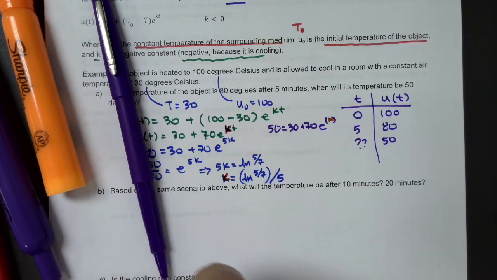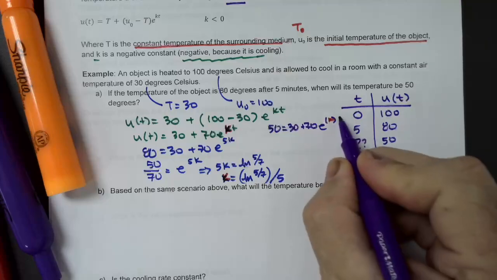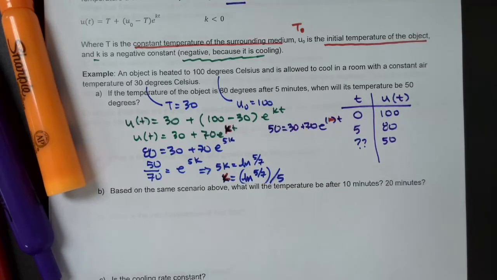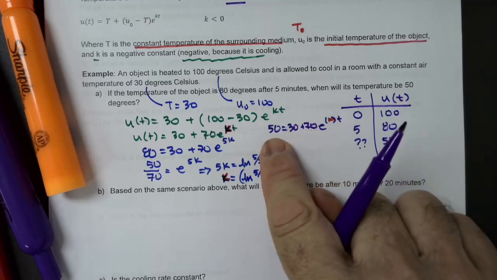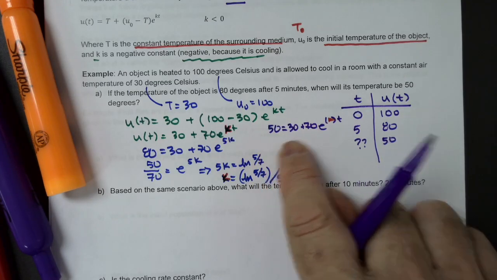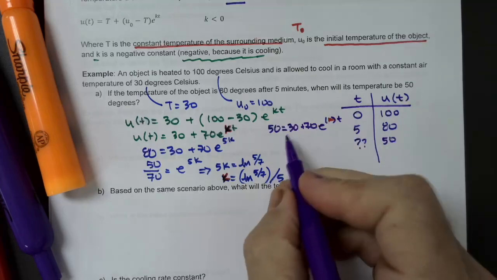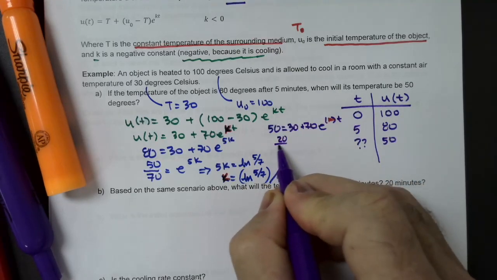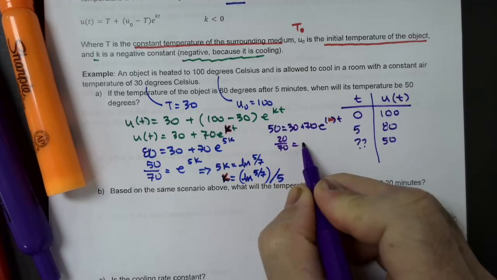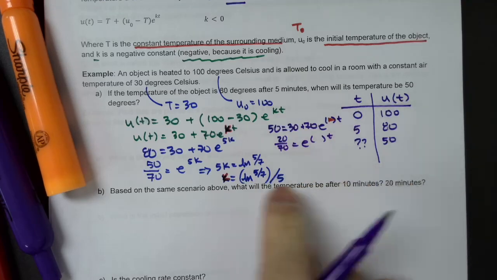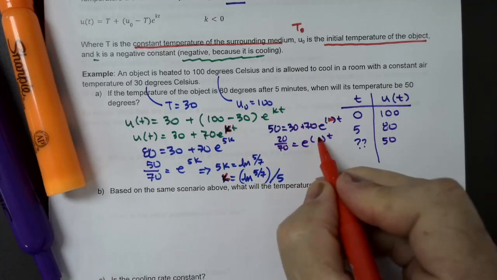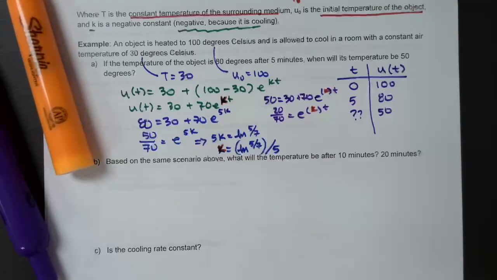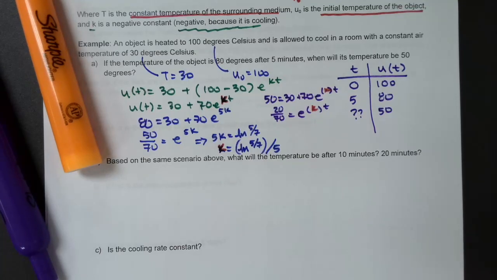And then that, of course, is multiplied by the t that we're solving for. To get this by itself, we'll subtract the 30 from both sides. That'll give us 20, and then divide by 70. So 20 divided by 70 will equal this e to the k times t. I'm just not writing it in there because I don't have much room at all.